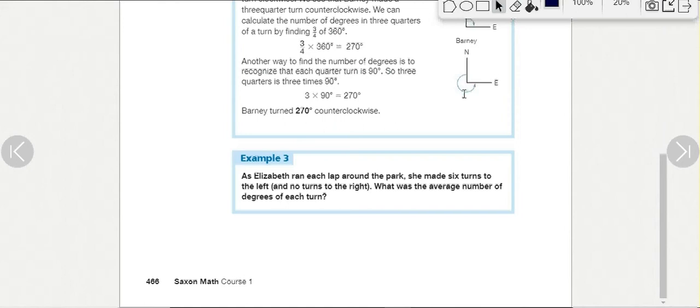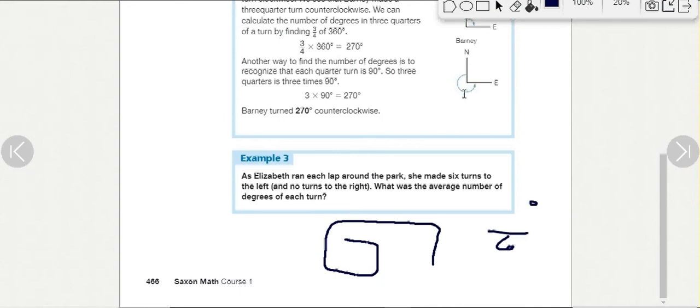Elizabeth ran each lap around the park. She made 6 turns to the left. So she's going running, goes to the left, to the left, to the left, to the left, to the left. Never turning right. What was the average number of degrees each turn? Average means how many turns on the bottom, which were 6, underneath total number of degrees.